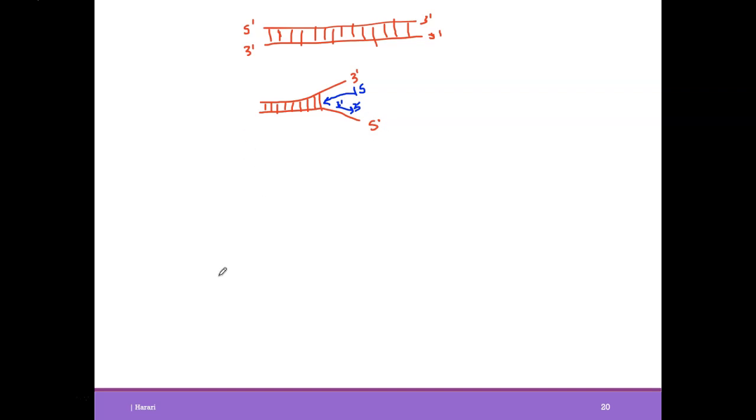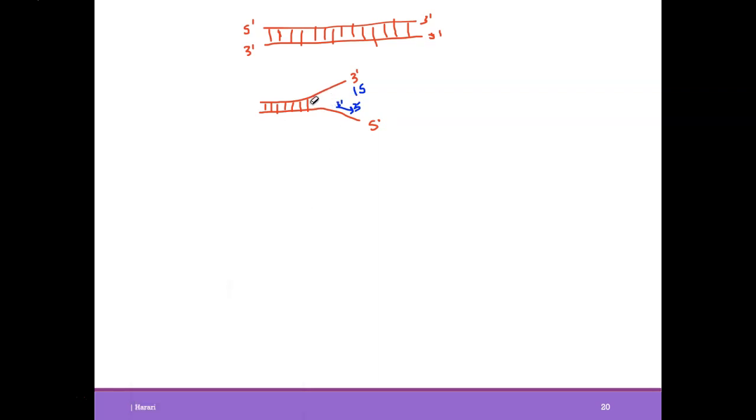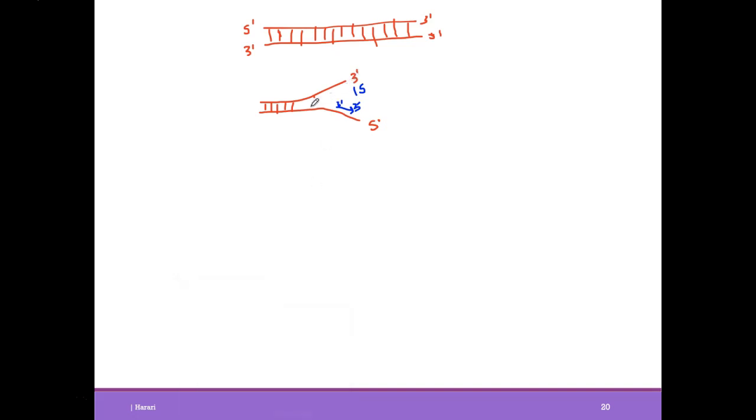So now the next step that has to happen is DNA helicase will have to come in and break these hydrogen bonds. And then DNA polymerase can put down another fragment, 5' to 3'. And then DNA helicase will have to break these bonds again.